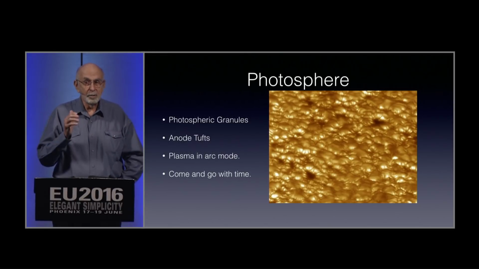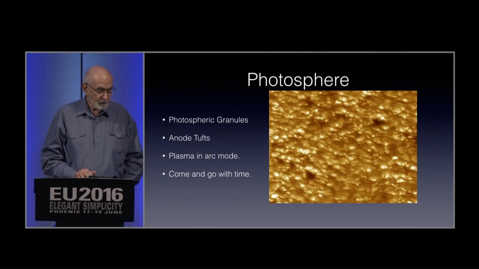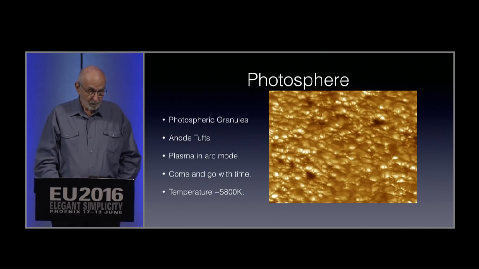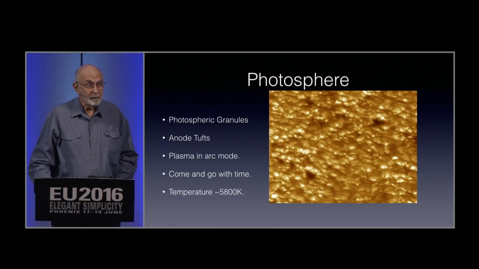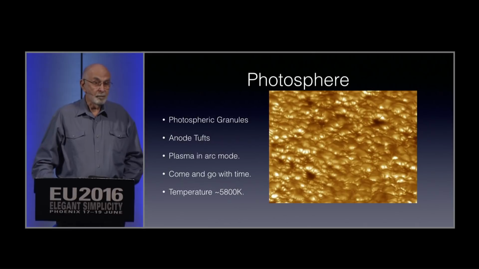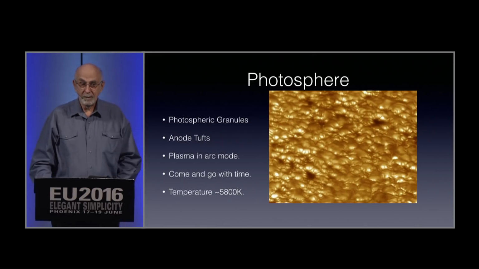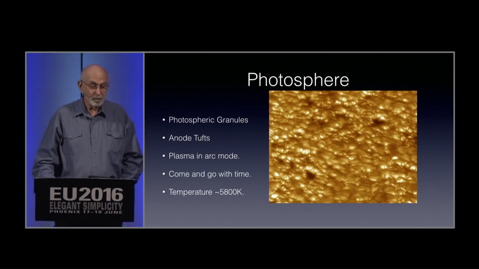It's arc mode plasma. The temperature of those granules or tufts is about 6,000 Kelvin, which is pretty, you wouldn't want to spend your summer vacation there, but it's in relation to the temperature of the lower corona, which is 2 million Kelvin. It's a medium temperature.